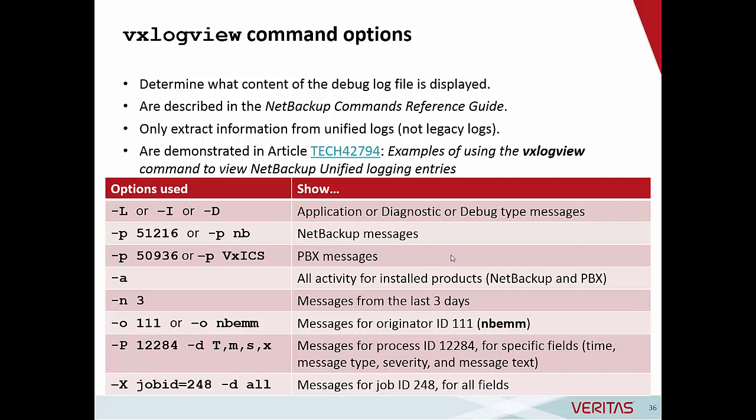Or the last example they have here, by job ID. Hey, job number 248 is the one that's failing, so please just show me messages about that job. This is all very useful stuff to be able to get output that's meaningful for the problem you're trying to troubleshoot. Always remember, VXLogView works with unified logs only. It does not work with legacy logs.